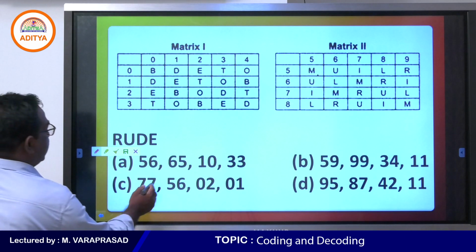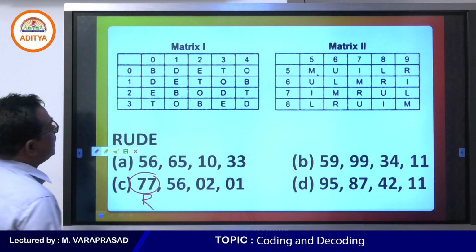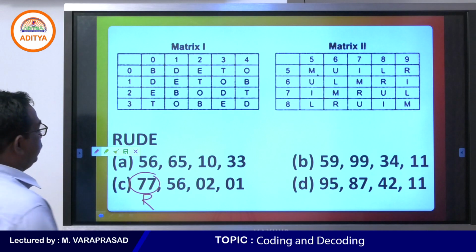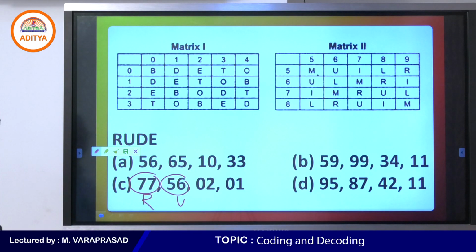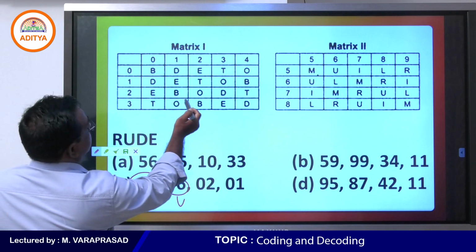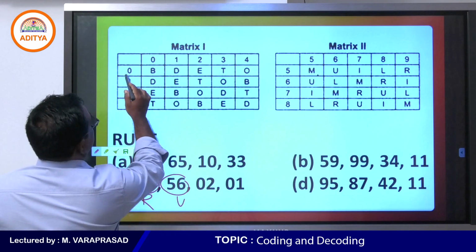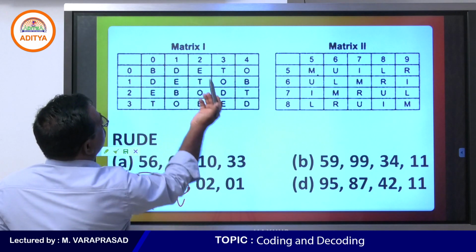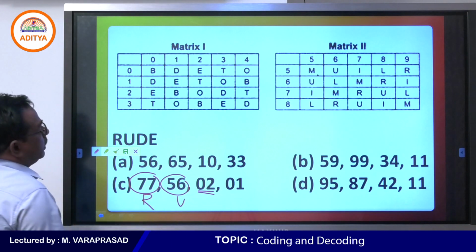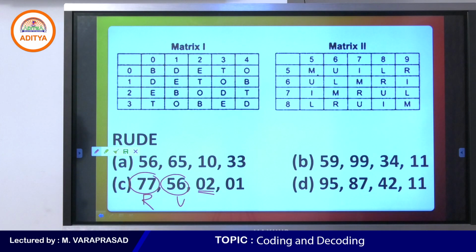R 77, very good. U 56, yes, very good. 02 is D, yes, 02 D.